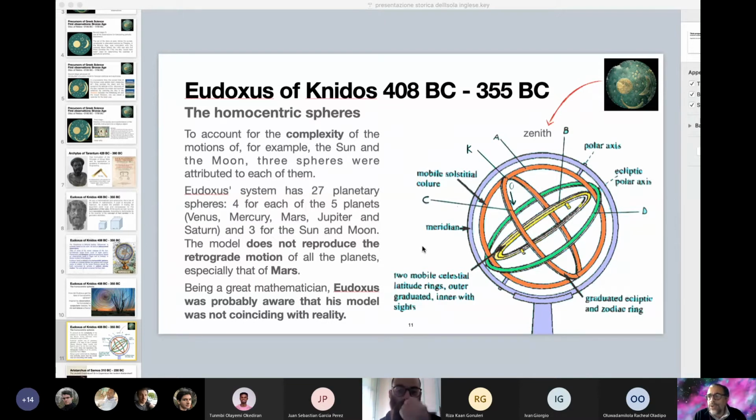However, it manages to account reasonably for periodic motions of planets in the sky, okay? Being a great mathematician, if we must trust Archimedes, Eudoxus was probably aware that his model was not coinciding with reality.